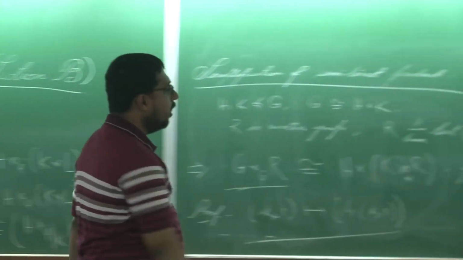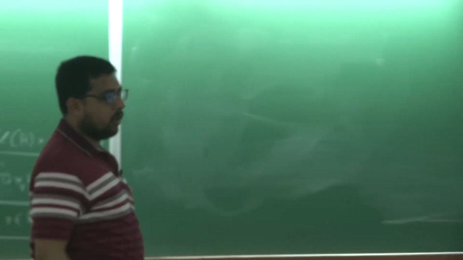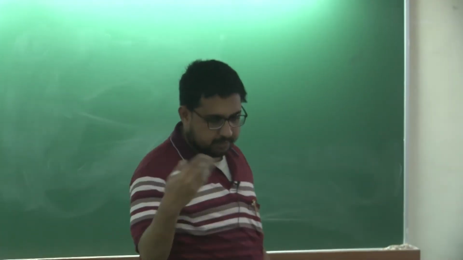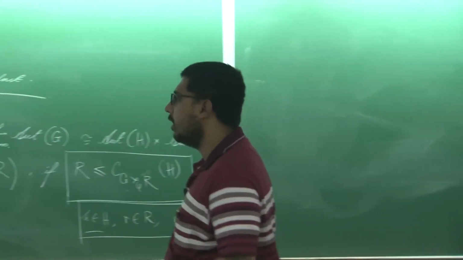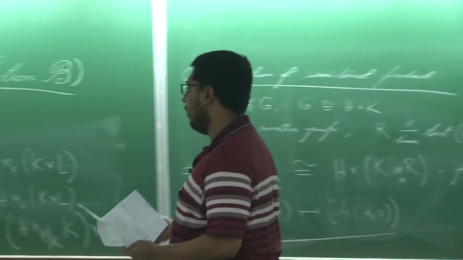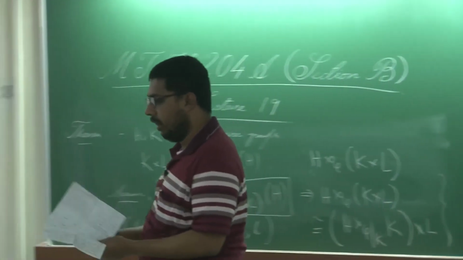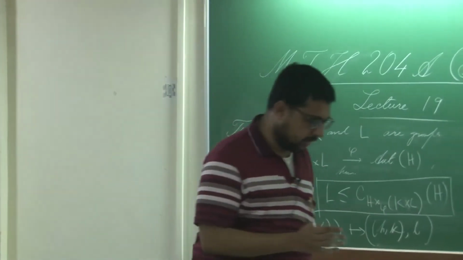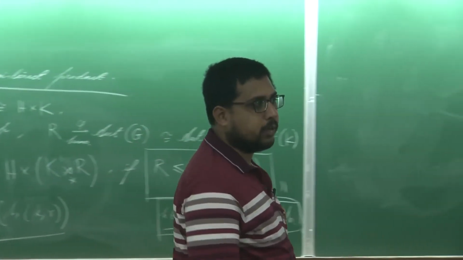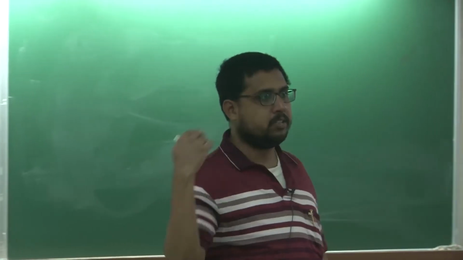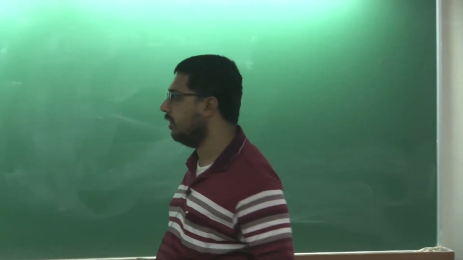And of course, already we have developed some results on groups of order PQ, P times Q. Let me put it this way: it's not the case that we can only classify groups up to order 30 based on what we have developed so far.